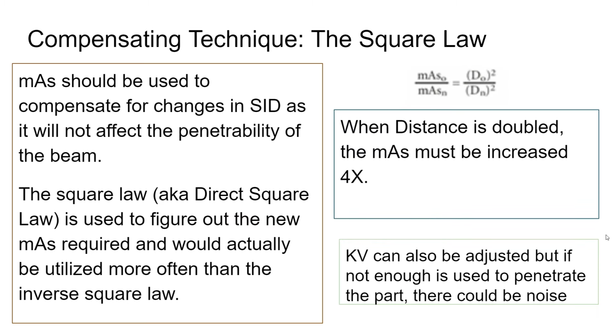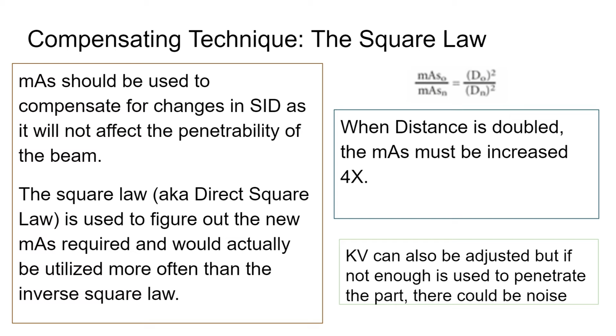So the compensating technique, or otherwise known as the direct square law, is the one that I think is more realistic, right? Because this is where the distance changes, which we now know, and we've known actually all along, will cause the intensity to change. But that change in intensity should require you to compensate your exposure, change your technique.